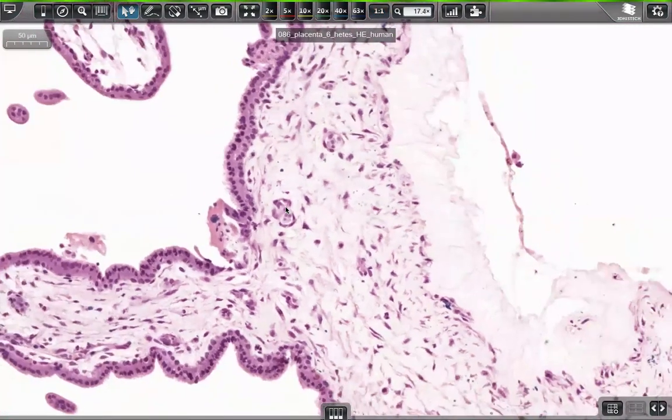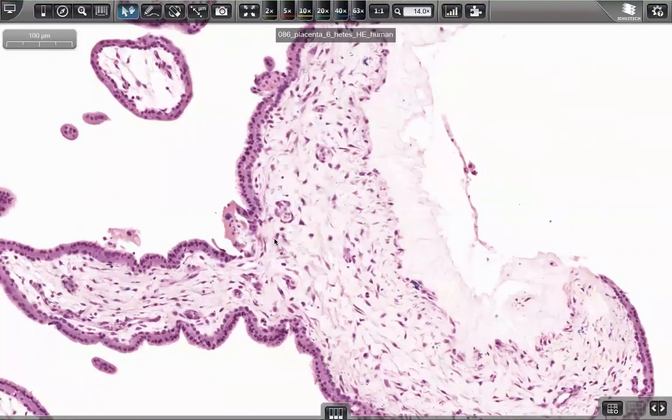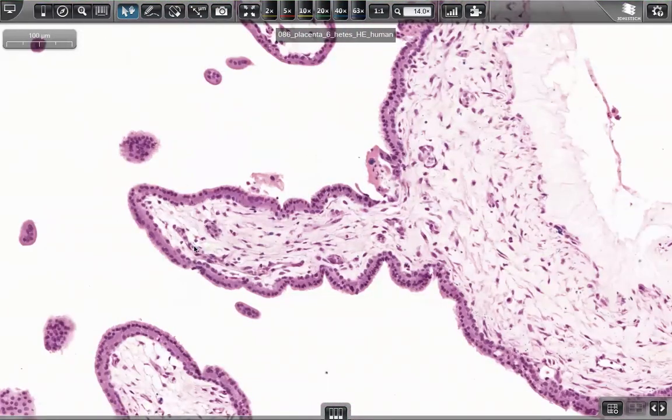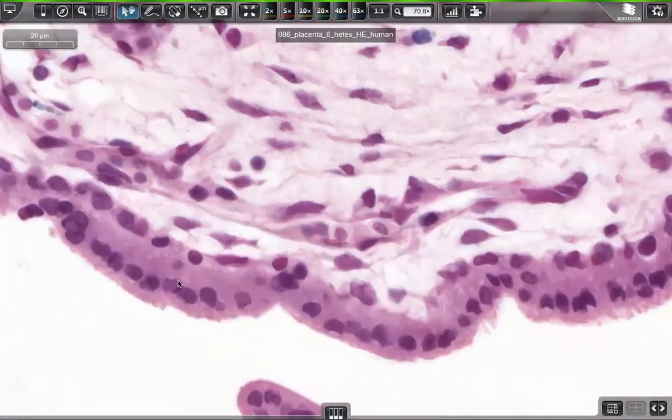So again, here we can see the trophoblast layers. That's the syncytiotrophoblast. It's a kind of cuboidal or tall cuboidal layer. Underneath them, we have the lamina basalis. Here we have the mesenchymal cells, the mesenchymal core, and a really nice longitudinal section of a capillary.